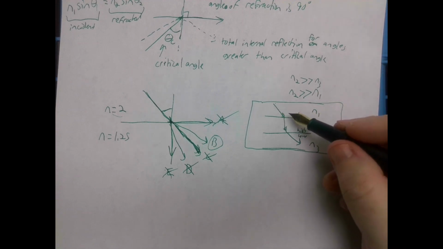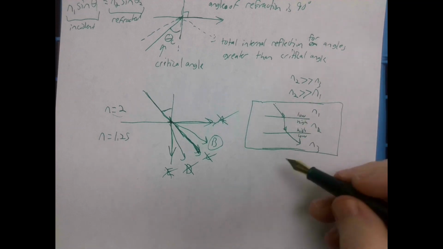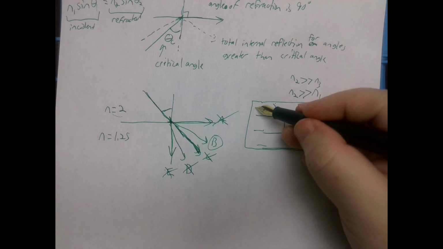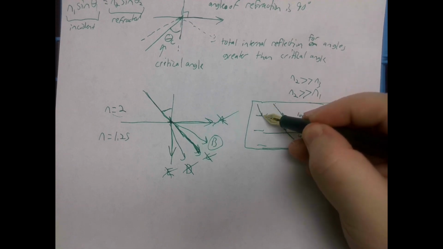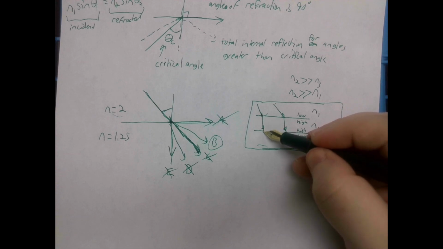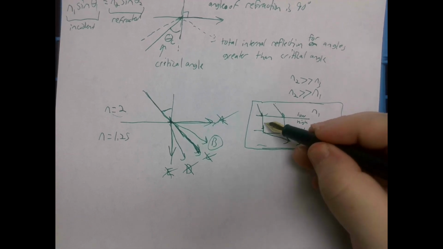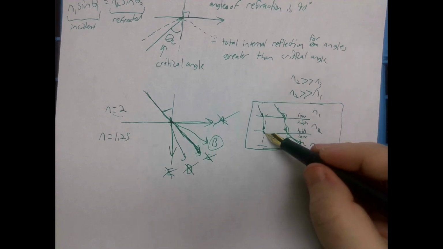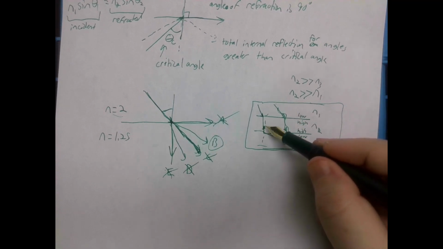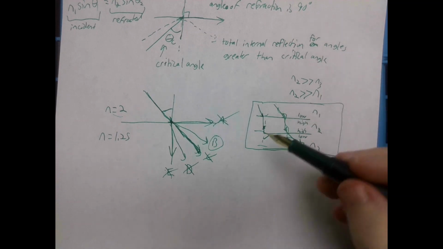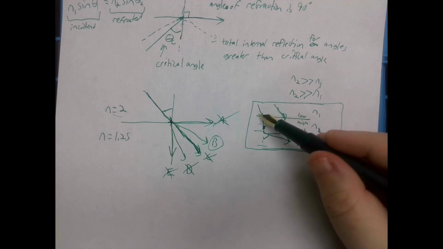I probably didn't draw this accurately enough. Let me see if I can redraw it. Make it subtle. And then, there we go. From this example, we can see that the angle right here versus the angle right here is significantly changed. That means that we can almost rule out this middle one.